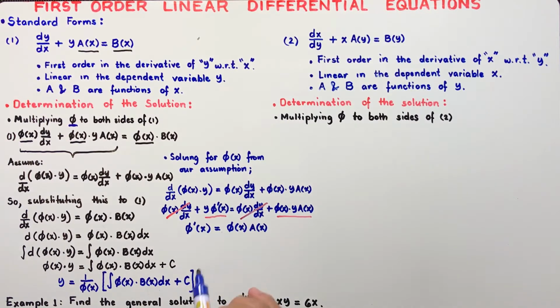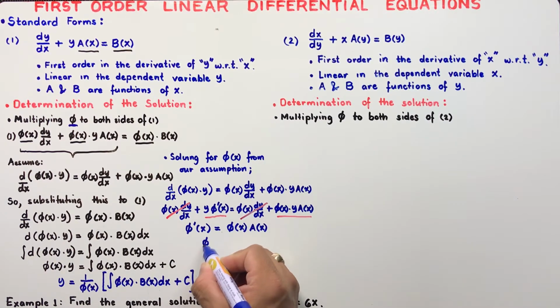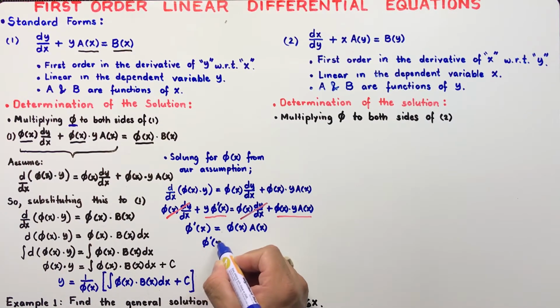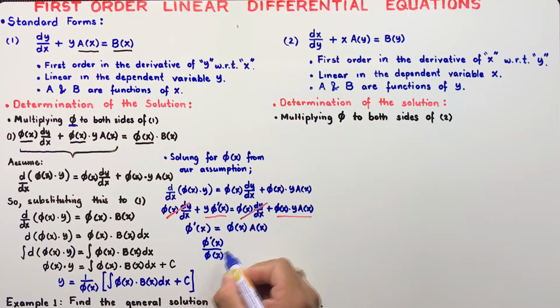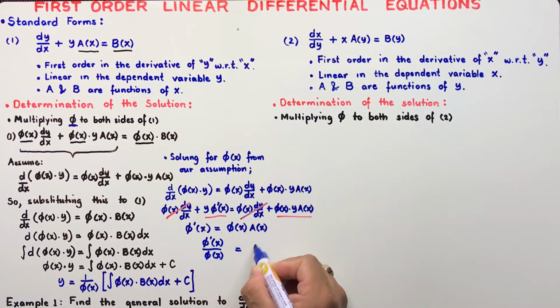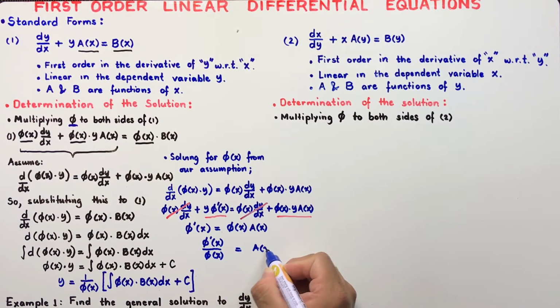And to solve for phi of x, because that is our goal, we need a trick here. And the trick is to divide both sides of the equation by phi of x. So this phi prime of x divided by phi of x is equal to a of x here, because the phi of x at the right will be cancelled when divided by phi of x.